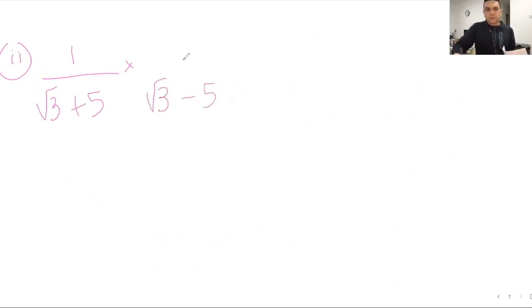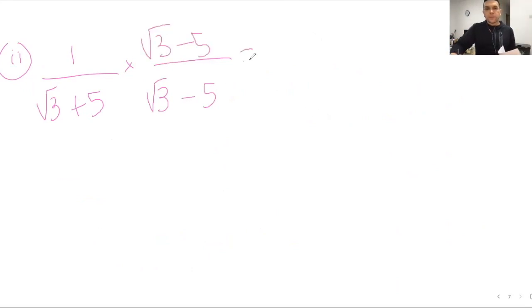Now we're going to use the conjugate surd of this to rationalize it. 1 over the square root of 3 plus 5. So now we're going to multiply by the conjugate, the same expression but negative. So square root of 3 minus 5 over square root of 3 minus 5.